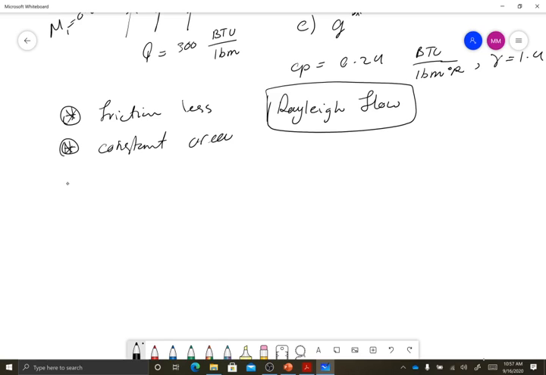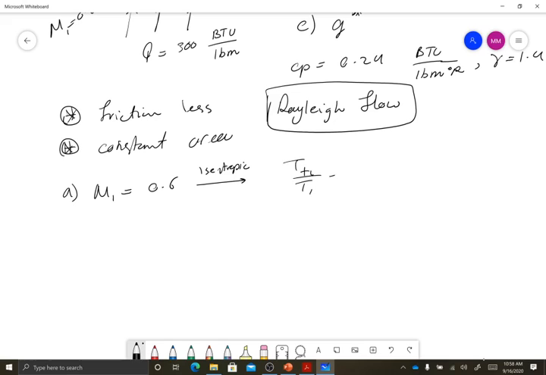How can we find the total temperature? We have the isentropic tables for the Mach number. You can also use the isentropic relationships that relate the Mach number to the temperature. We had a temperature to total temperature ratio that related it to the Mach number. It was a fairly simple equation compared to the other equations. But you don't need to. You can just use the isentropic tables that you have seen in the book, hopefully.